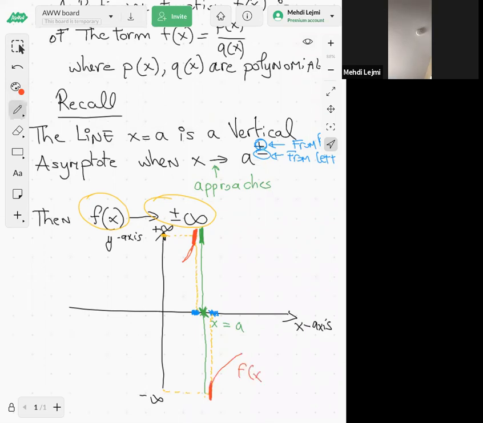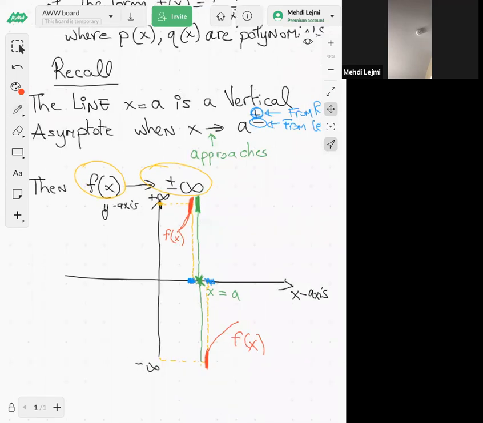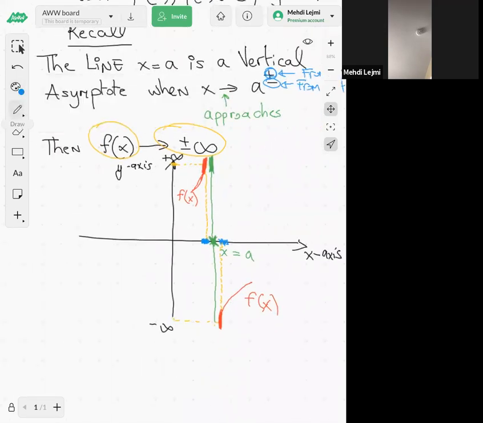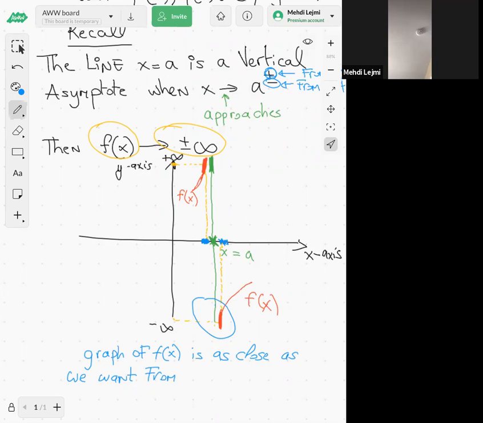And again, what we are saying is that the graph of f of x is as close as we want to the vertical asymptote x equal to a.